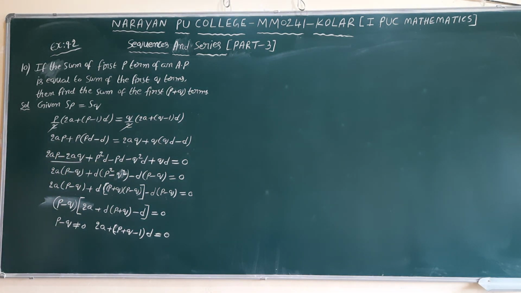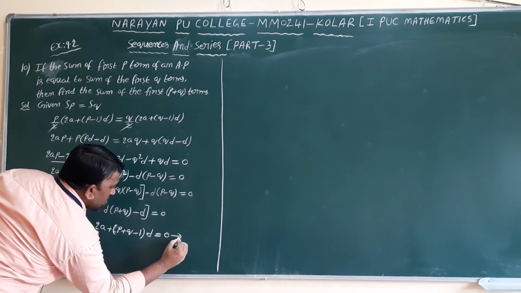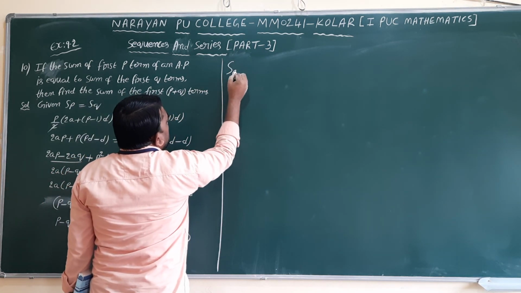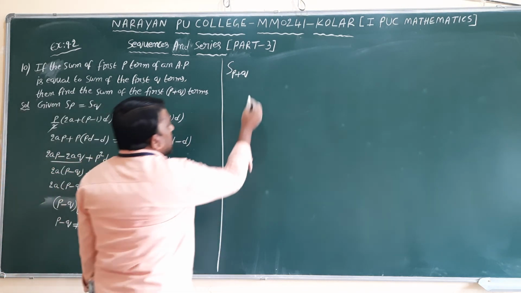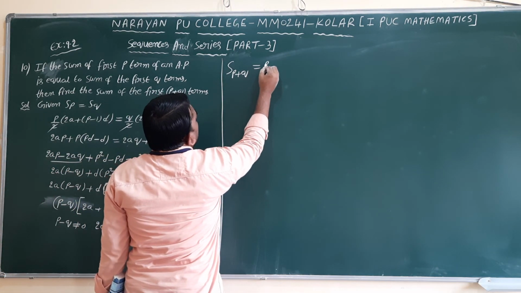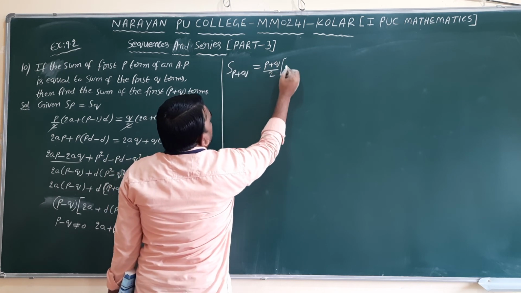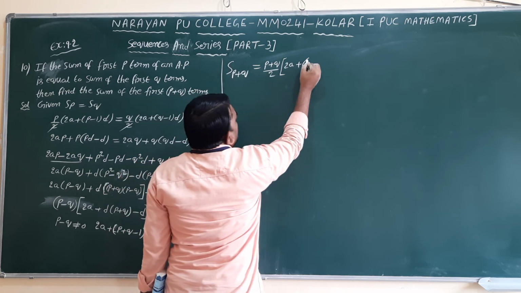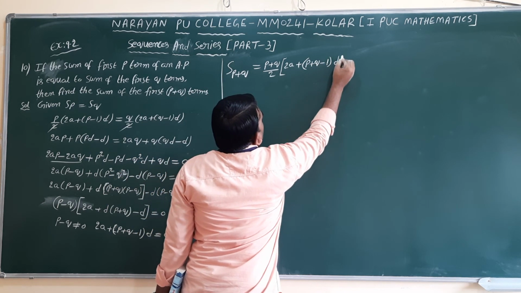Let us call it equation 1. Now he is asking the sum of p plus q terms. The formula is p plus q divided by 2 into 2a plus n minus 1 into d. n is p plus q, so p plus q minus 1 into d.